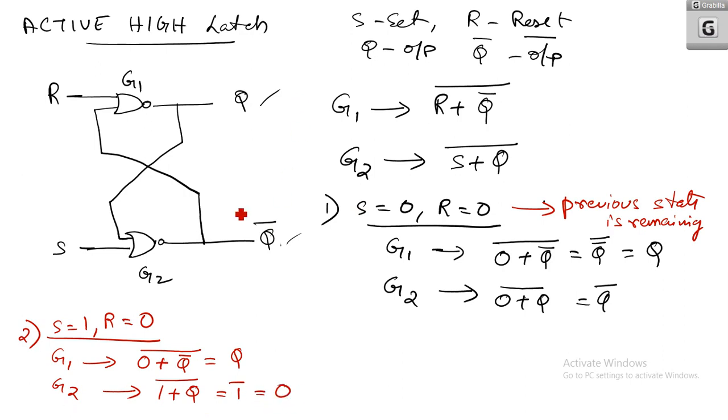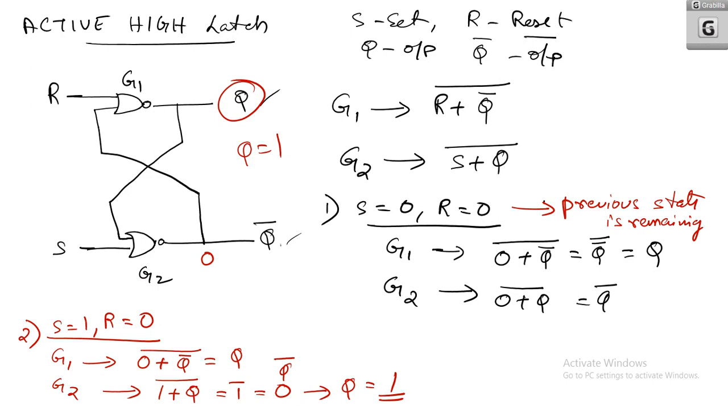That means at this point you will get 0. The output of gate 2 is 0. That means this is Q bar is 0, so what should be Q? Q should be equal to 1. Which means that the output Q is set to 1.